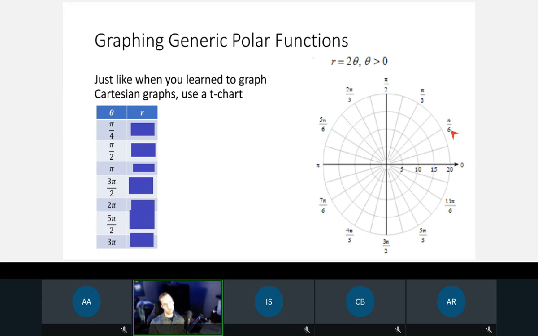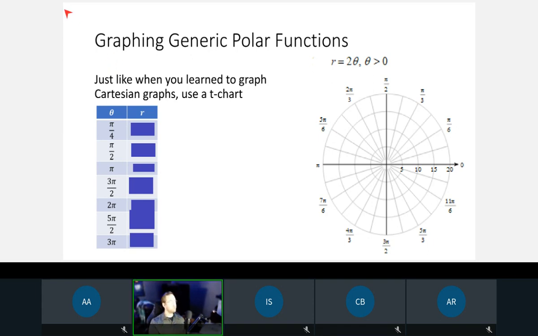If you want to go up by increments of pi over 6, you're just going to have a lot more points. You can make it however you want. I think this is good enough. So we just type these values into the calculator and round to 2 decimal places.